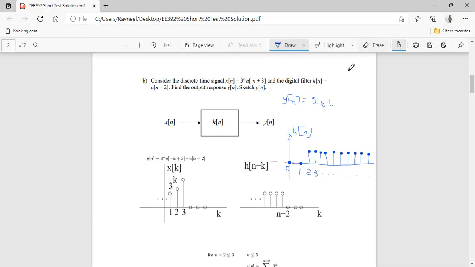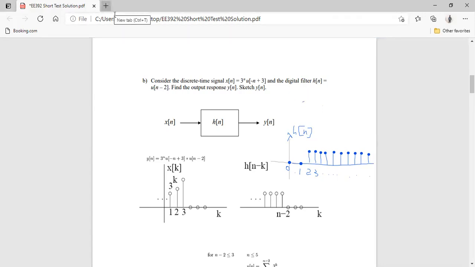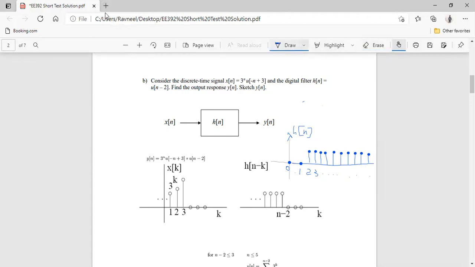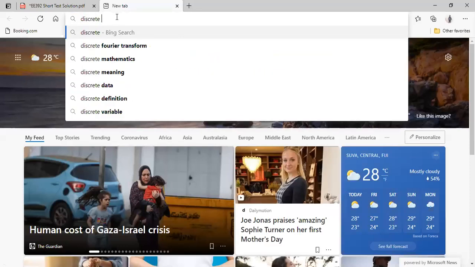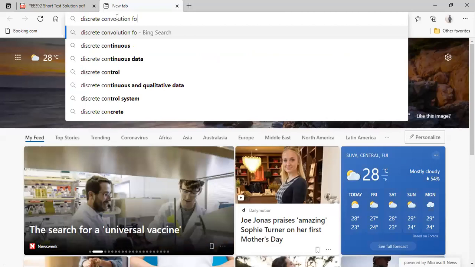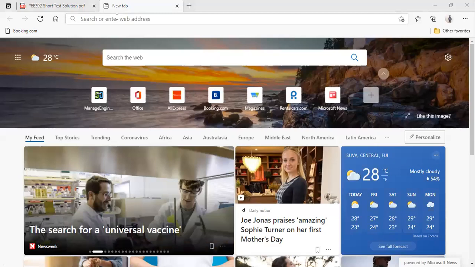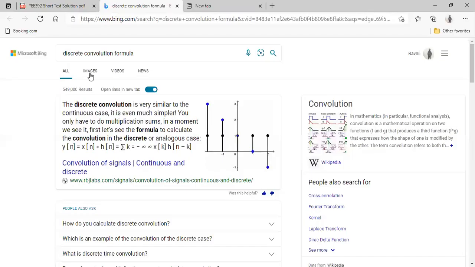Let me just erase this. I can just search it. The discrete convolution formula is given by this particular formula.